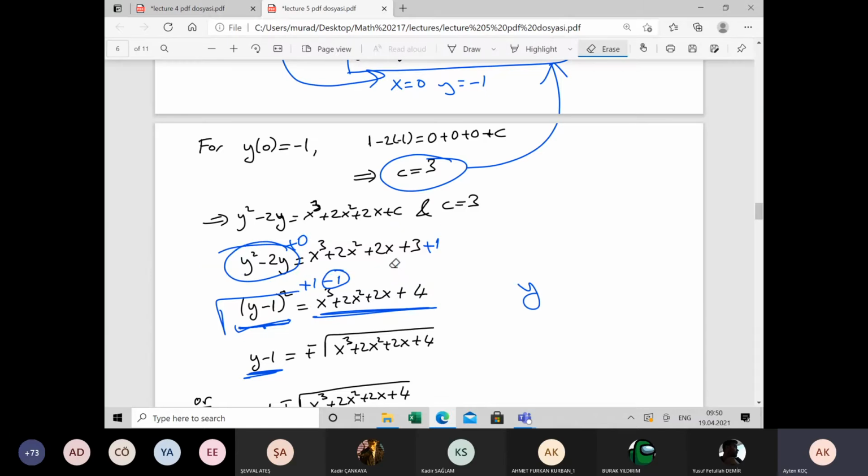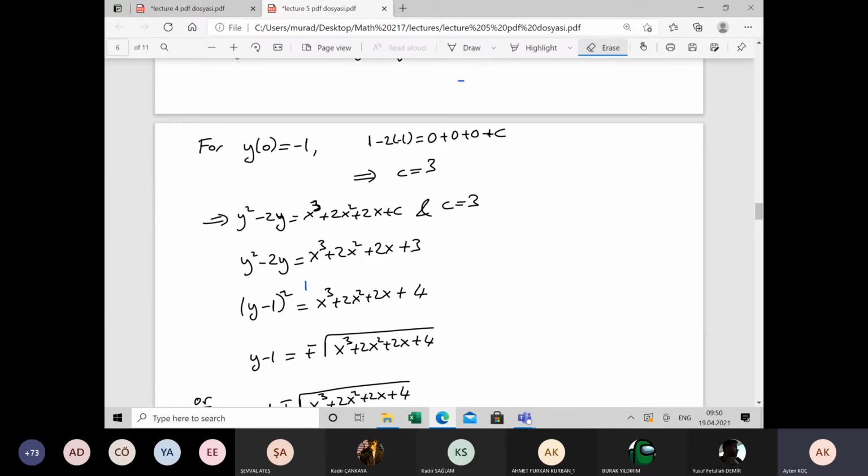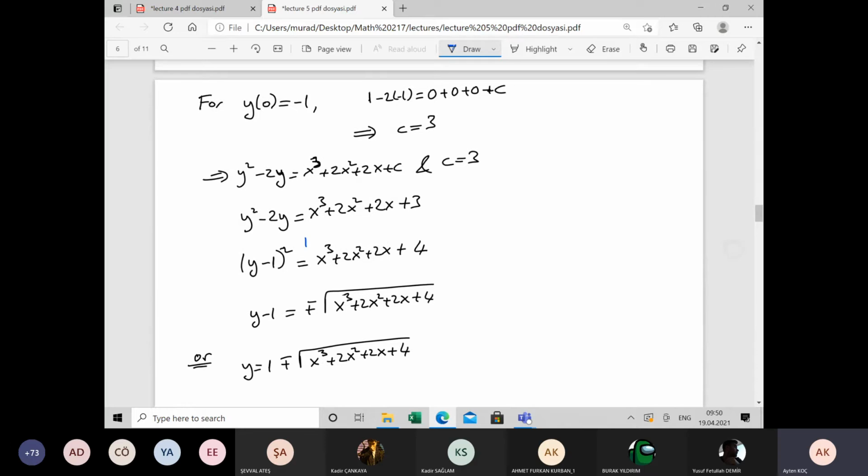But we know that our problem is an initial value problem. An initial value problem has a unique solution. Unique solution means one, but here we obtain two solutions. It's okay. Two solutions. Look at our result, y minus 1 equals this one. So we obtain y is 1 plus or minus this one. We obtain two solutions.